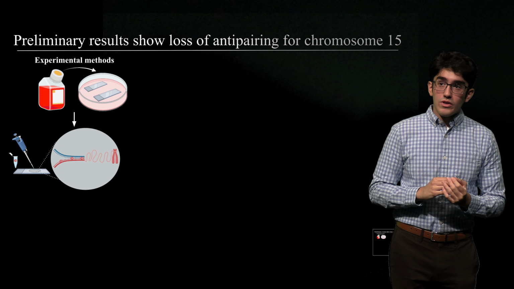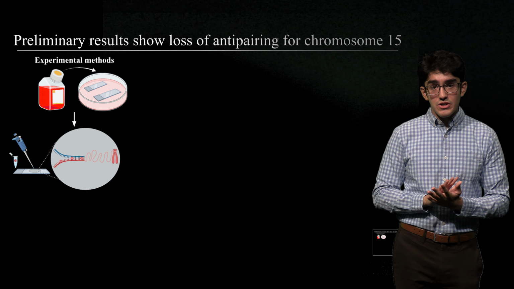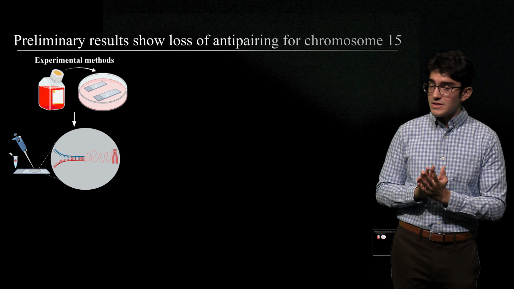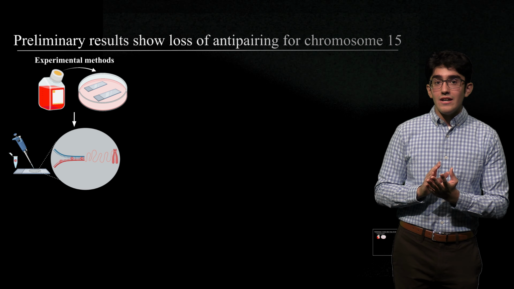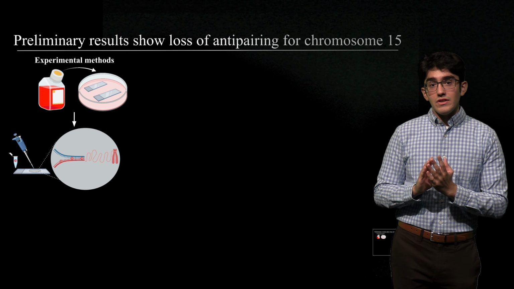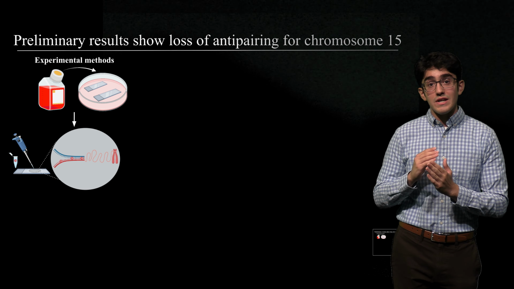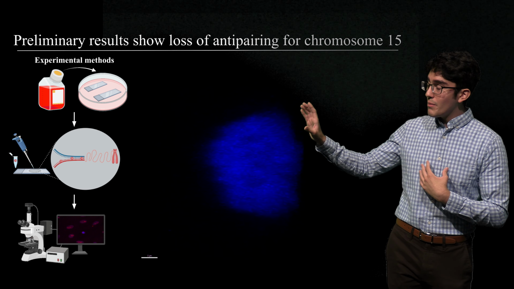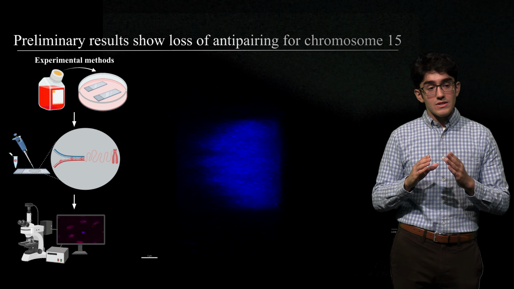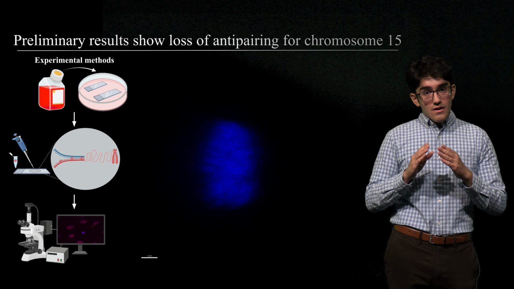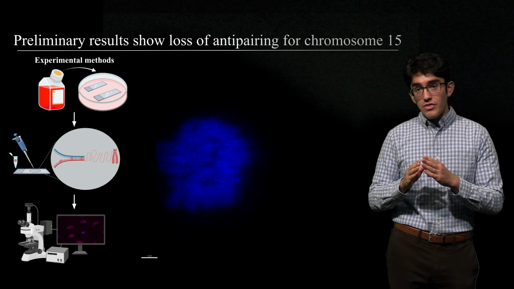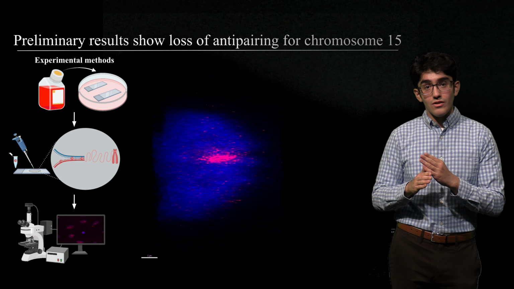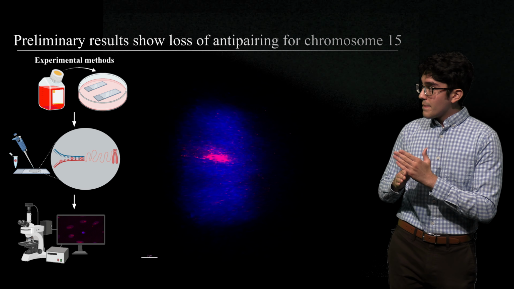And for the rest of the DNA, we'll apply a DNA counterstain. And the cool thing about this FISH is that we have the probes for chromosome 15 fluorescently labeled so that when we look at it under a confocal fluorescent microscope, we will actually be able to visualize how chromosome 15 is positioned within Bloom syndrome cells.